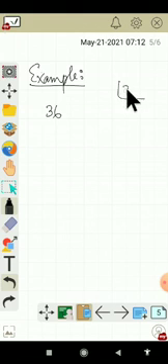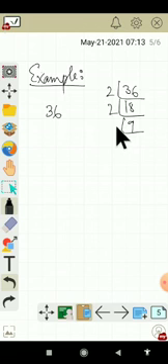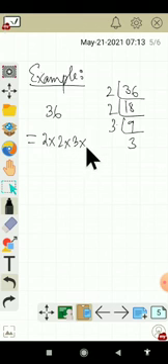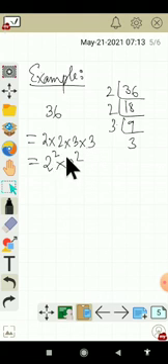For that we have to factorize this 36 to 18, 2 nines are 18, 3 threes are 9. So we can write 2 into 2 into 3 into 3, that is 2 square into 3 square. This is the prime factorization representation of 36.